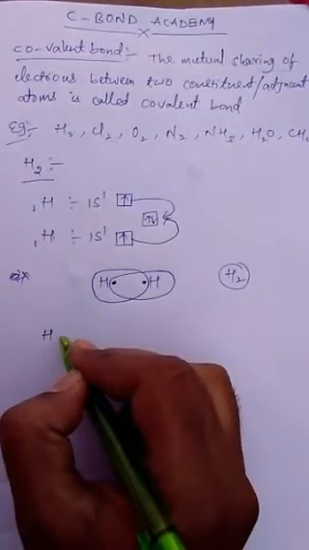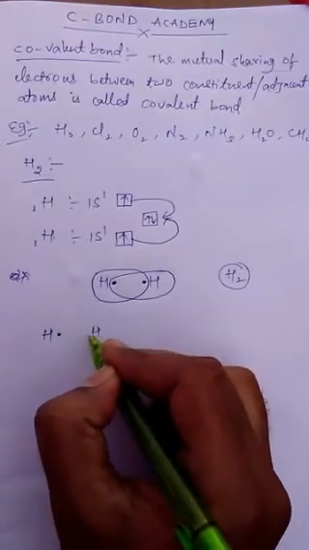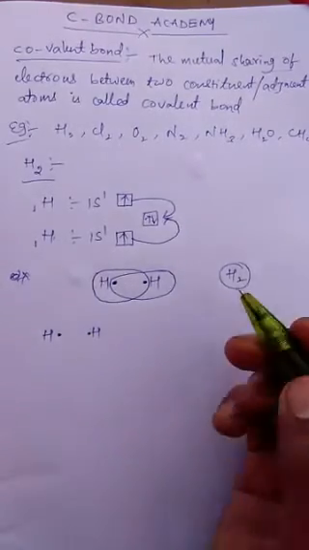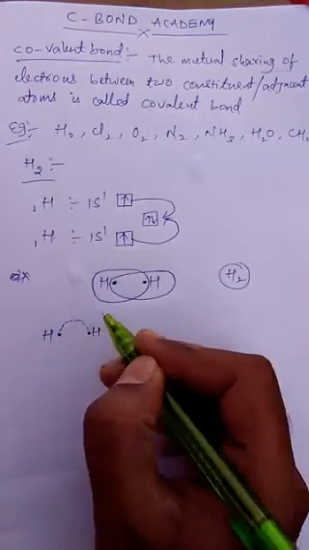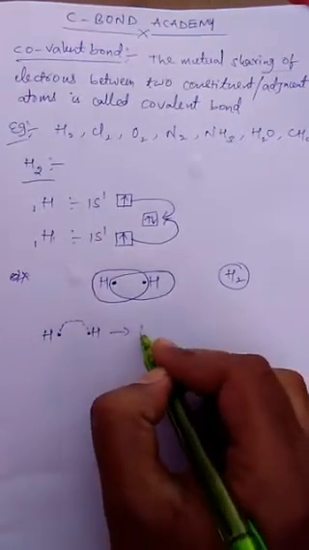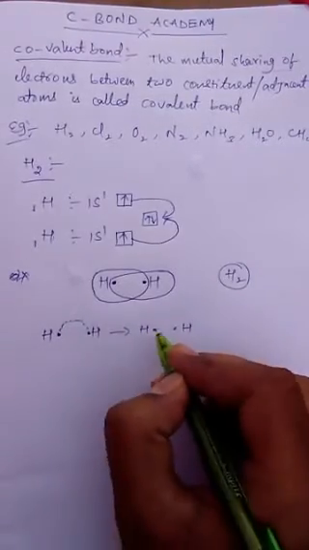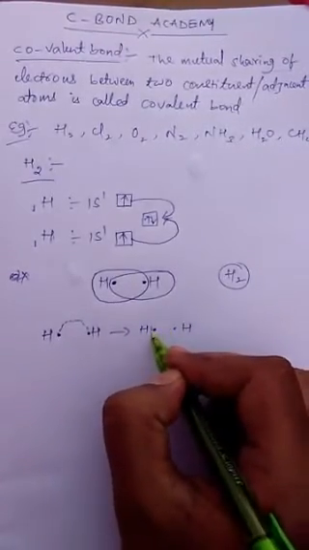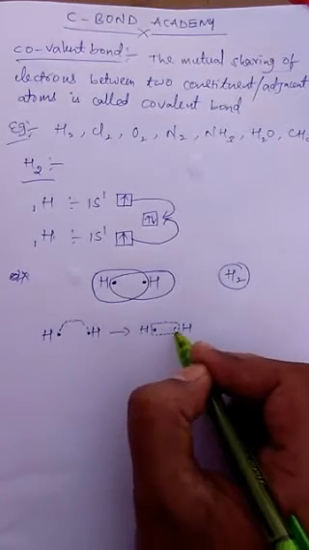Now once again, see another method. The first hydrogen's valence electron is 1, and the second hydrogen's valence electron is 1. The first hydrogen shares 1 electron and the second hydrogen shares 1 electron, so there is mutual sharing of electrons between these two constituent atoms.